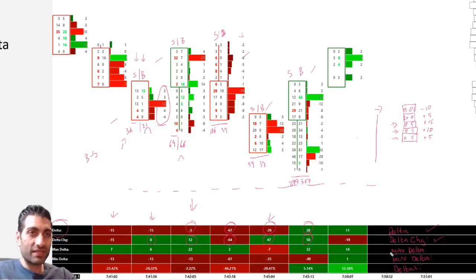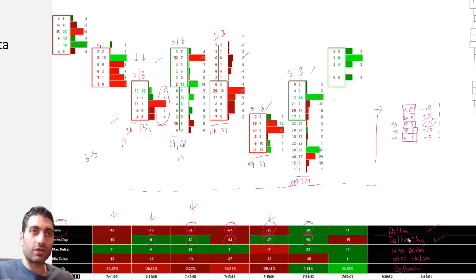So all this is saying is what was the maximum delta at any point in that candle? Well, just to make it simple, we said the price started here and it just went up 1, up 1, up 1, up 1. What's the maximum delta? There it is, +15. So that's all that's telling me. In each candle, what was the highest point the positive delta reached?